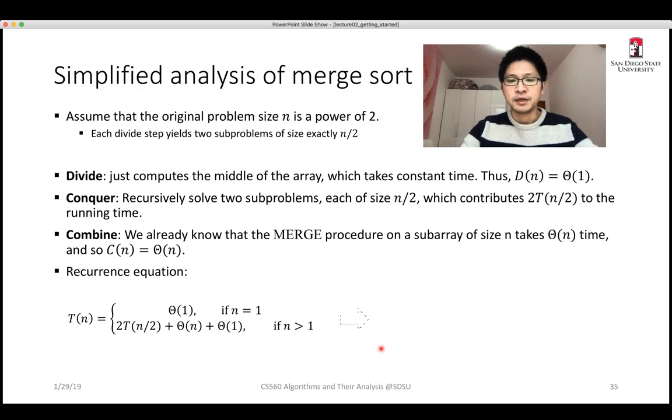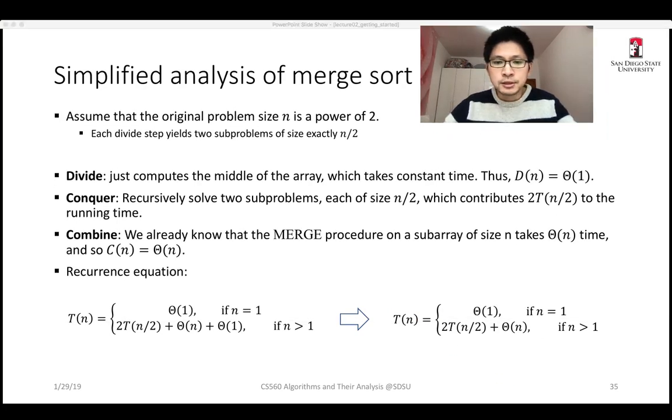Therefore, we can simplify it as the form like this. When n is greater than 1, then T of n can be written as 2 times T of n over 2 plus theta of n. So this is the recurrence equation of merge sort. And our next job is to try to solve this equation, or at least have some intuitive estimation of what T of n should be.